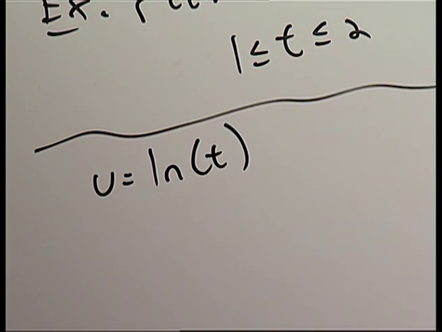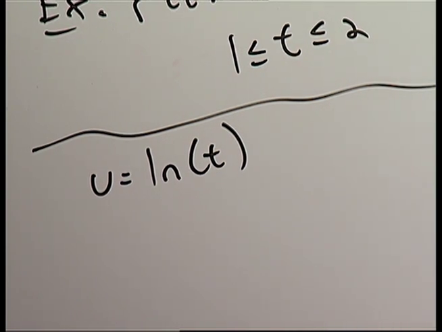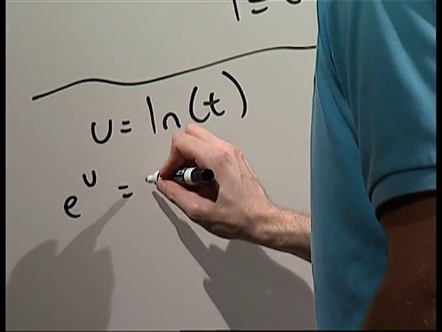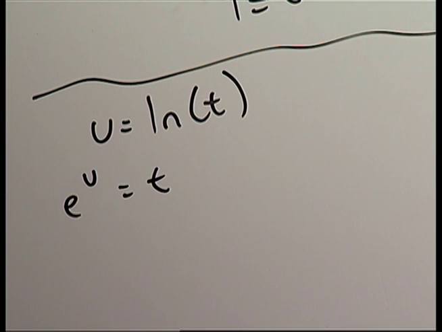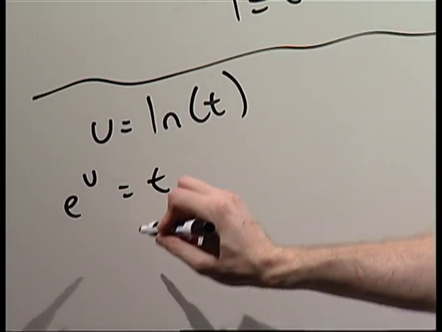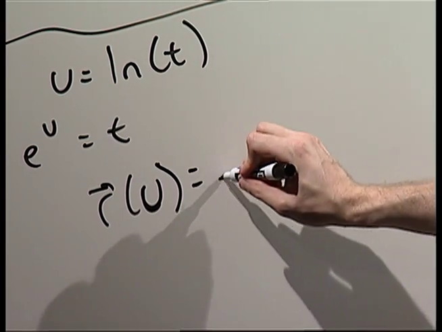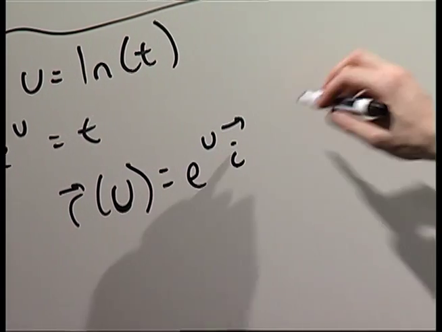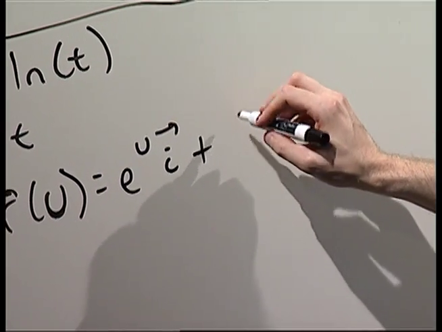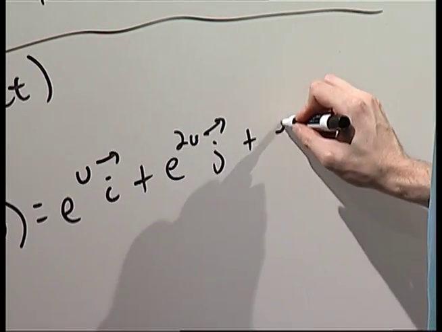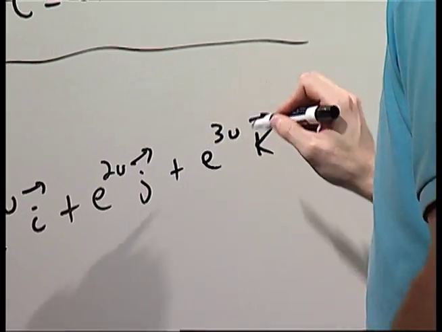Suppose I let u equal natural log of t. And so that means that e to the u is t. Then this parameterization becomes parameterized in terms of u, and it's e to the u i plus e to the 2u j plus e to the 3u k.